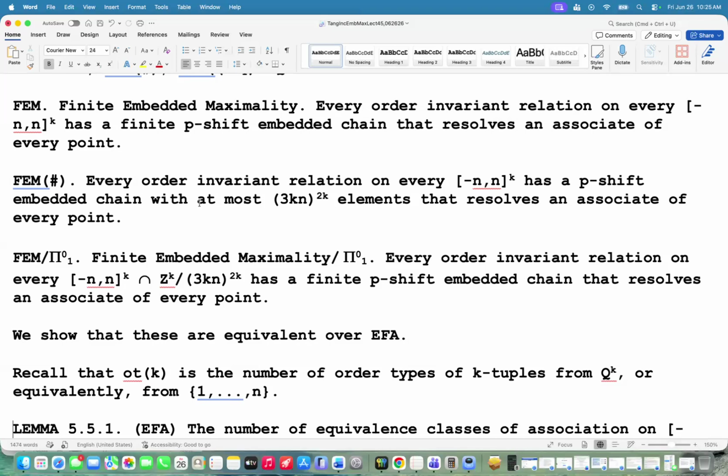And what's this number 3kn to the 2k? Well, that's an estimate, an upper bound on the number of equivalence classes under association. But there's something else going on here. There is a modest blow up connected with trying to make it p-shift invariant.